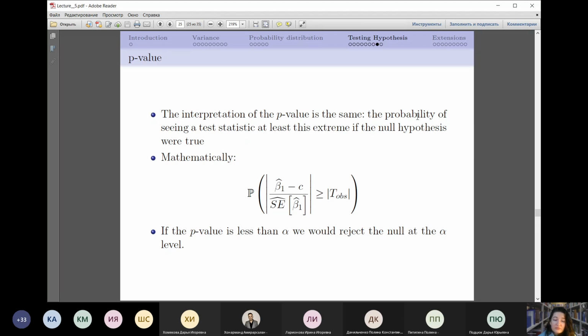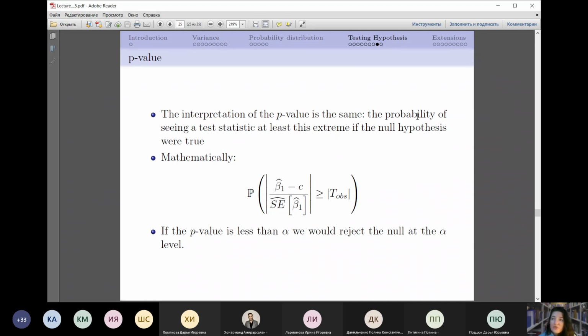And also, you should know that you cannot accept the null hypothesis. You can only reject the null hypothesis or fail to reject it. And because of this, when you interpret your results, you can use phrases like you provide support for some conclusion, or you give evidence for some conclusion.